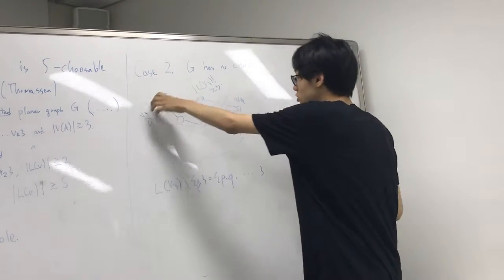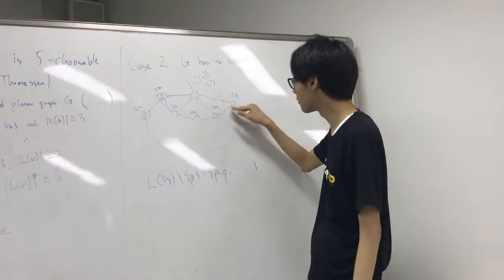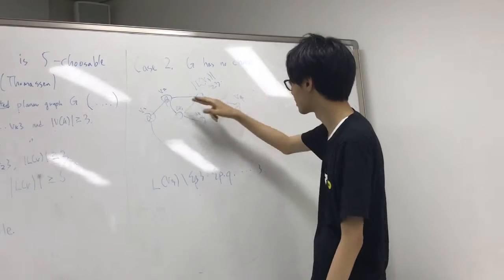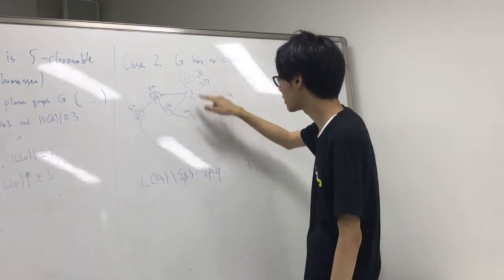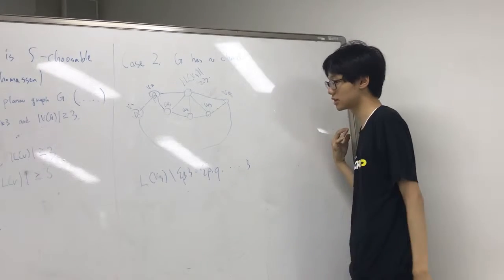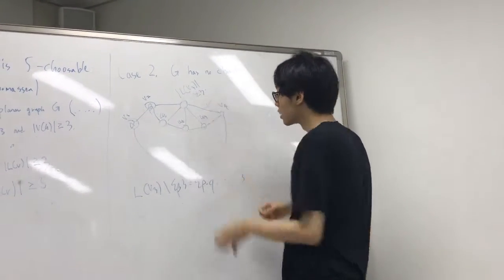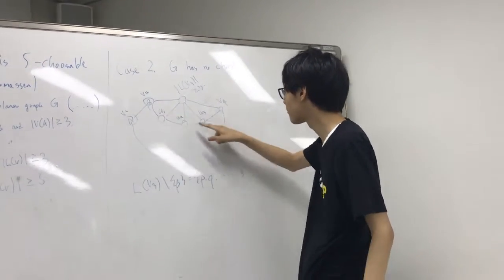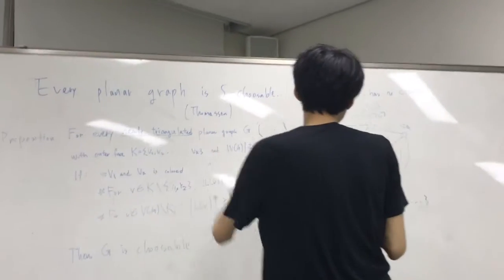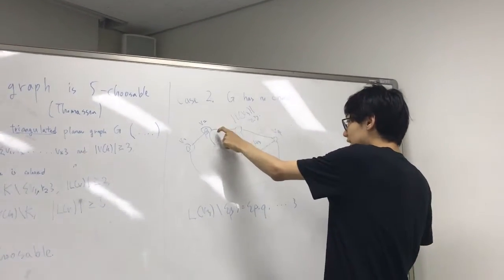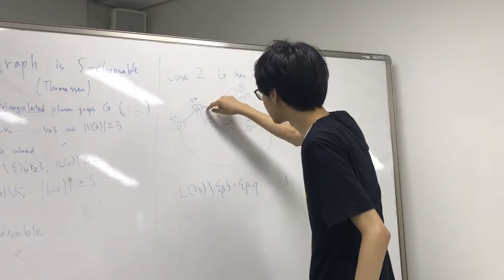So we have V2 and V4 and other vertices that are adjacent to V3, and they are all not in the outer face, because otherwise we would find a chord, which contradicts the assumption. So they are not in the outer face, so they properly define the faces, and as we assume that the graph is nearly triangulated, every vertex that is adjacent to V3 is adjacent in its own way.